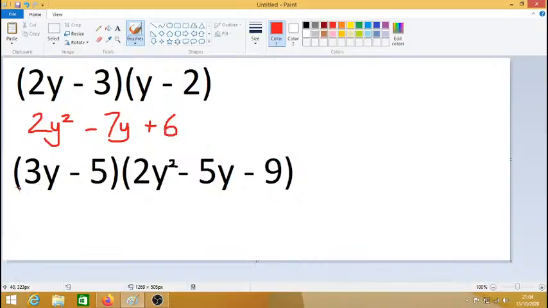Have a go at the second one, or carry on if you've started already. Give you one more minute on the second one.